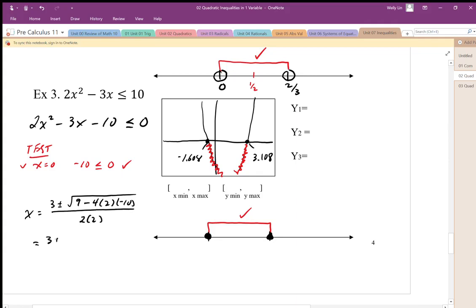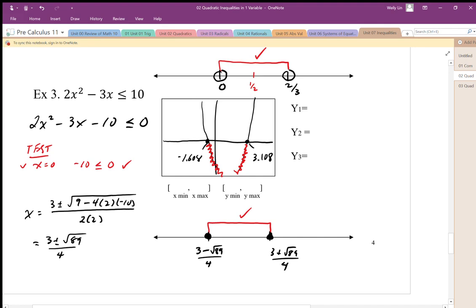So I get 3 plus or minus the square root of 89, all over 4. This position here is going to be 3 minus square root 89 divided by 4, which is a negative value, about negative 1.608. And here I get 3 plus square root 89 over 4, which is about 3.108. Okay, so there's my solution.